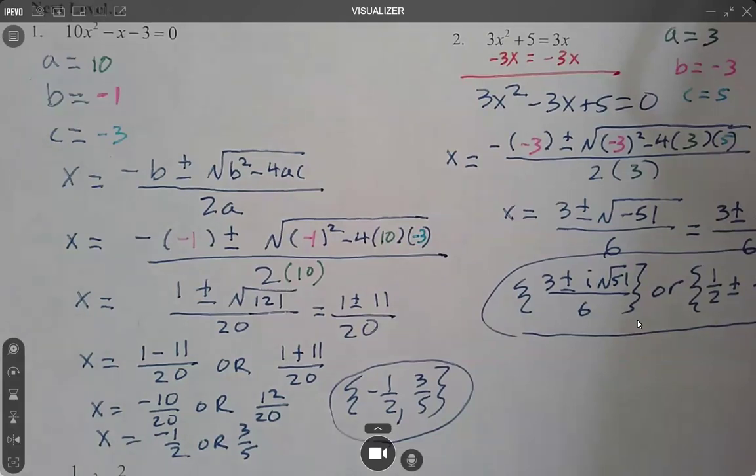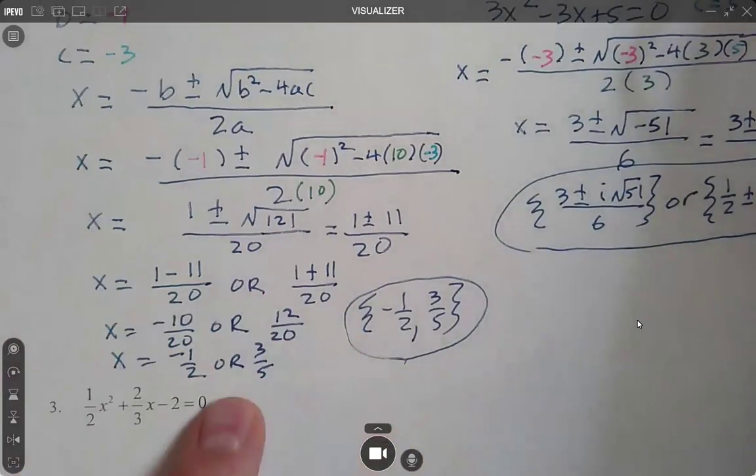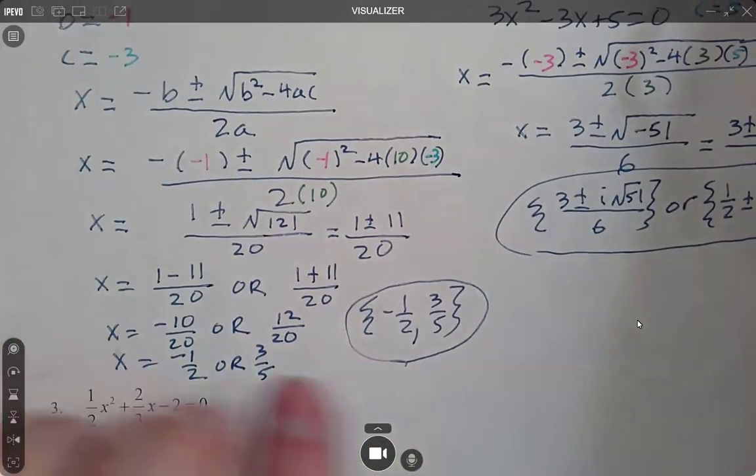But if they just say solve, generally, if you can see how to factor it within a minute, then go ahead and factor it. But if not, just like in number 1, you could use the quadratic formula. It's still going to get you the answers. Sometimes it might be easier to go through the quadratic formula rather than spinning your wheels for 5 to 10 minutes trying to figure out how it factors.